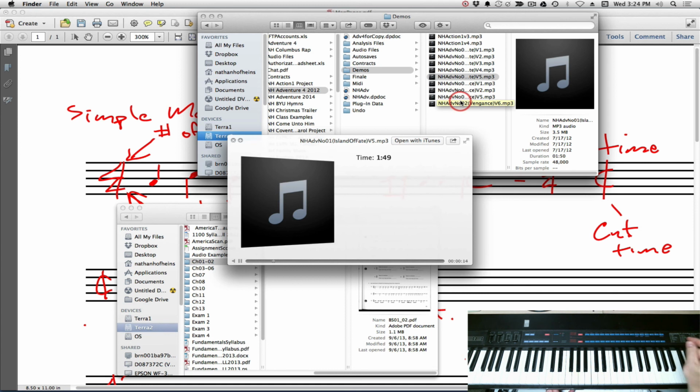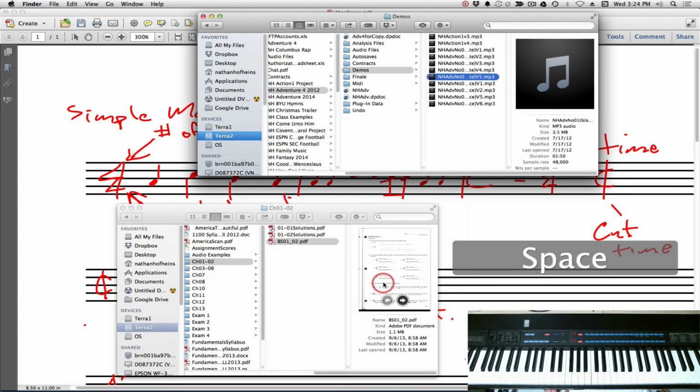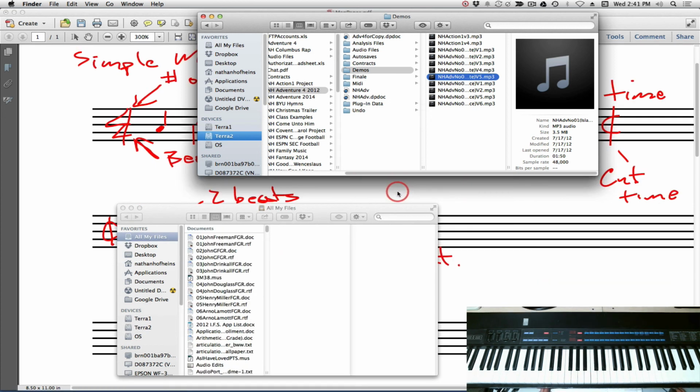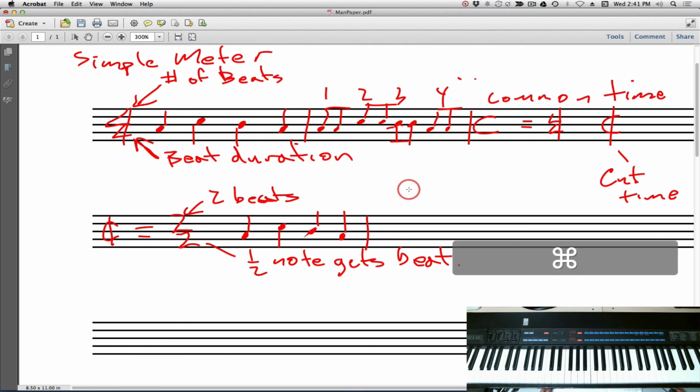This would be kind of cut time, and then 1, 2, that kind of thing. Okay. So yeah, that's cut time and 4/4.